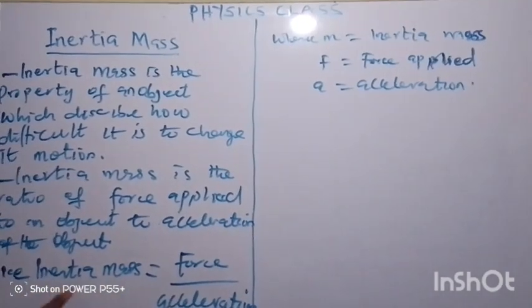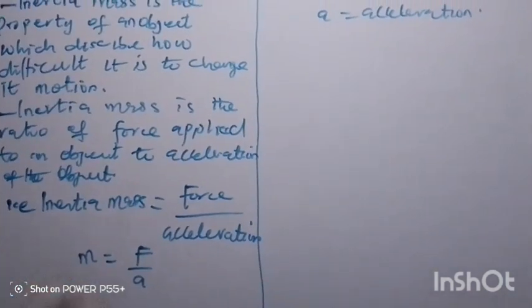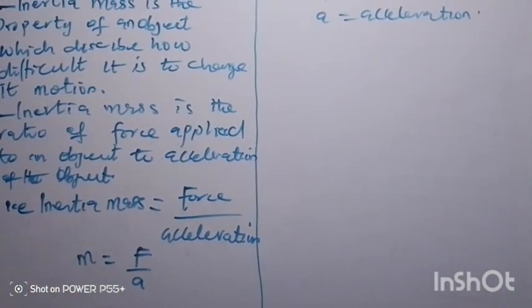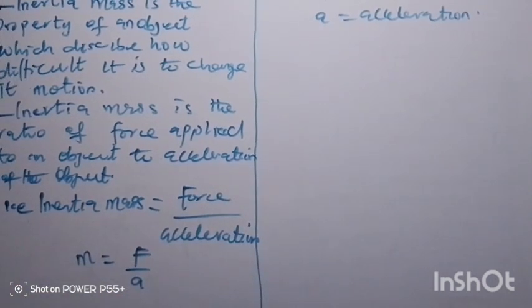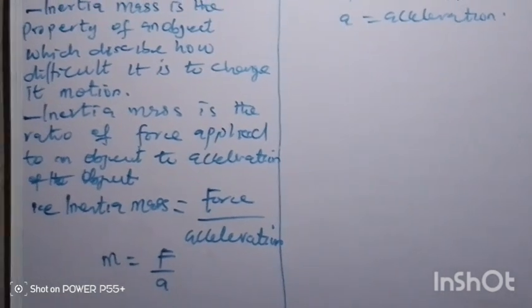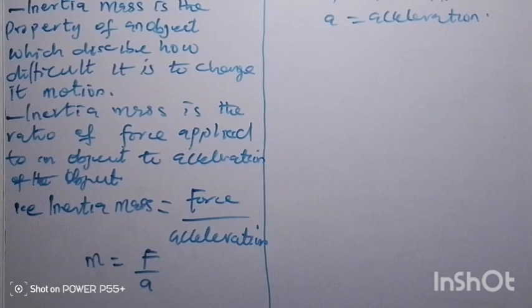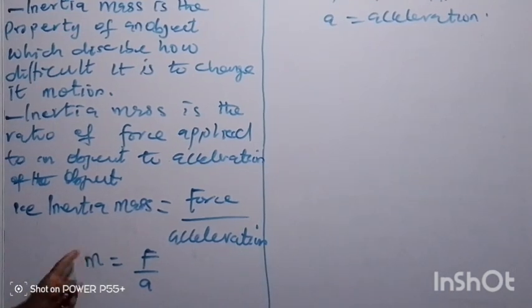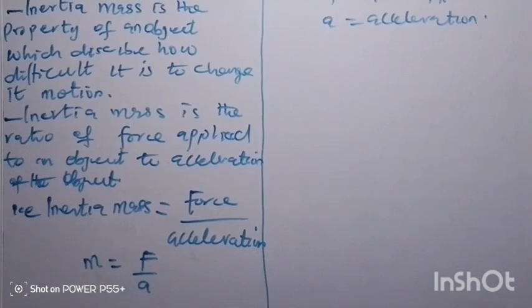From this equation on the board, we can now say that for a given force, inertial mass is inversely proportional to acceleration.